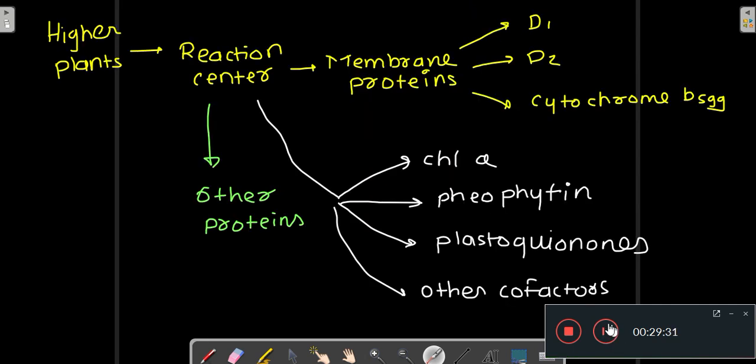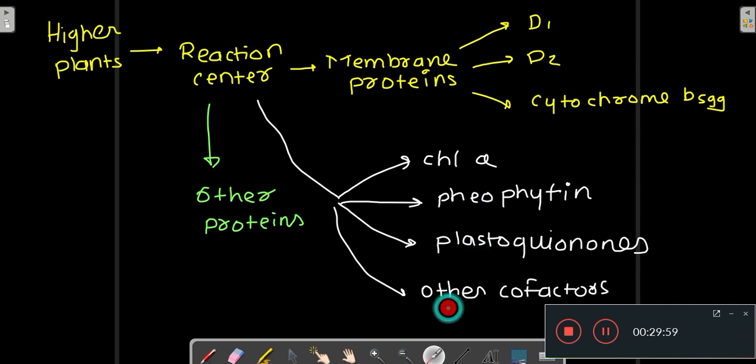So in higher plants, the reaction center contains membrane proteins such as D1 protein, D2 protein, and cytochrome b559, along with other proteins, and the reaction center also has chlorophyll A molecule, pheophytin, plastoquinones, and other cofactors.